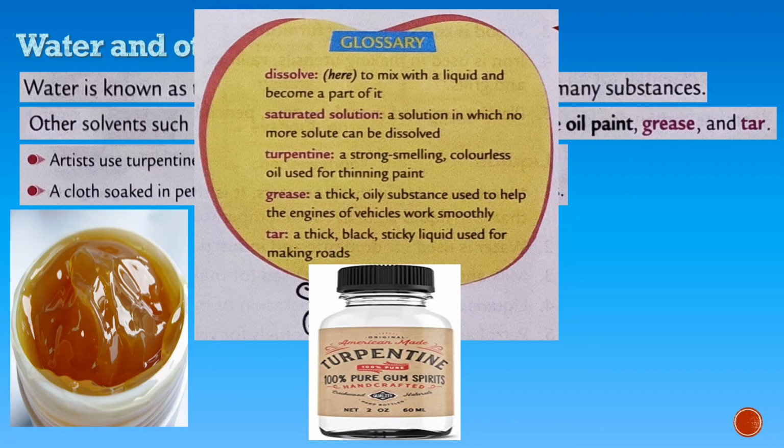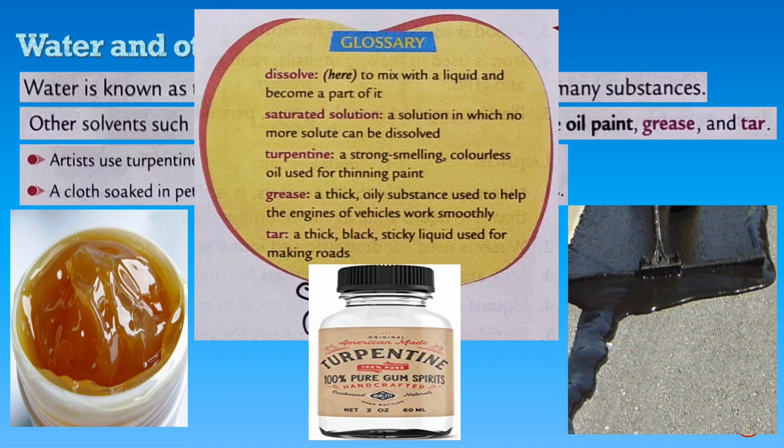Grease, a thick oily substance used to help the engines of vehicles work smoothly. And lastly, tar, a thick black sticky liquid used for making roads, as you can see in the pictures.